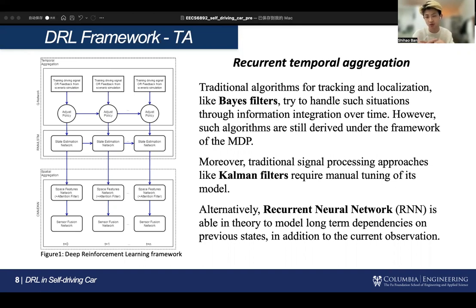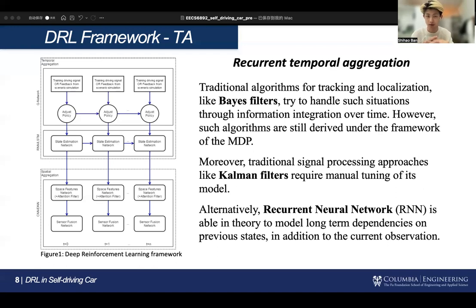Moreover, the traditional signal processing approach like the Kalman filter requires manual tuning of its model. Alternatively, the recurrent neural network, RNN, is able in theory to model long-term dependency on previous states in addition to the current observation.